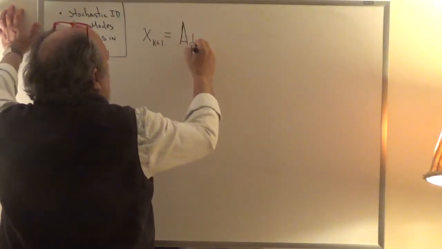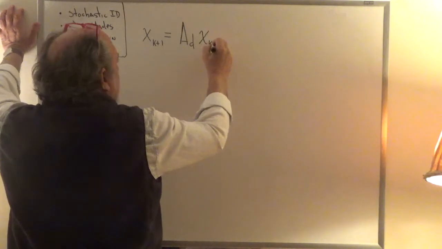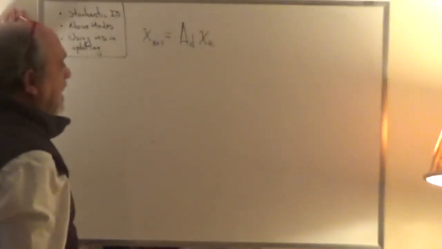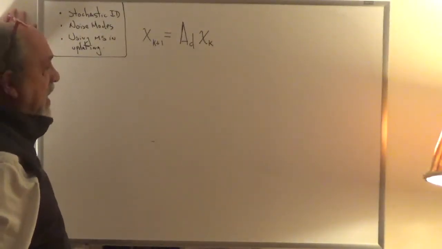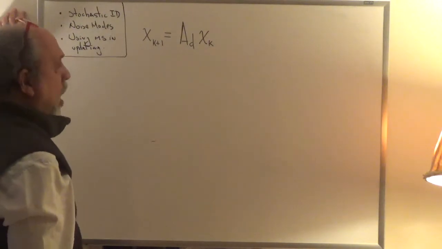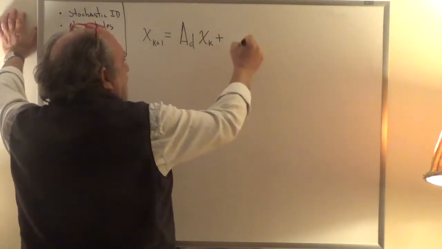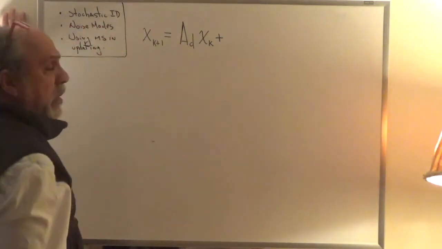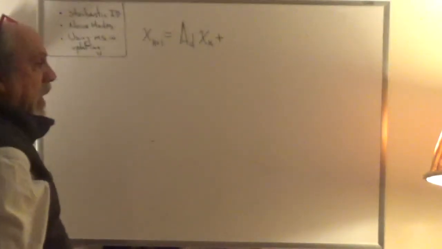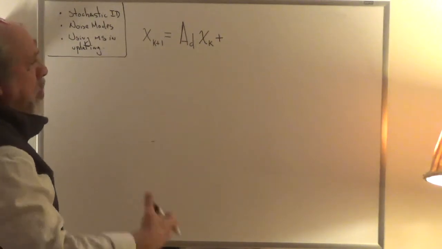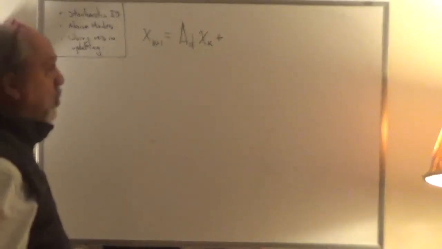So with that, we begin with the idea that, now this should be readable, in discrete time, our model in state space is x at k plus 1 is A discrete x at k, right? Plus what? If we knew the loading, it would be B discrete f k, right? But we don't know the loading. And whatever that loading is, we don't even know how it's spatially distributed.